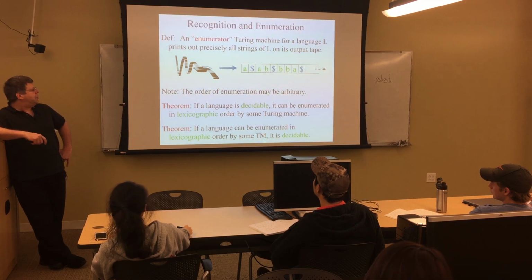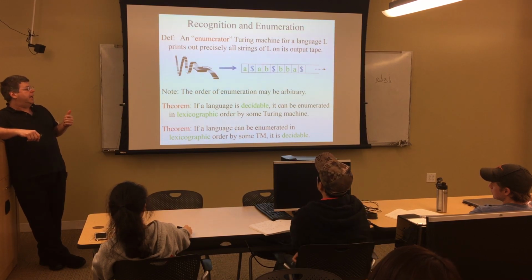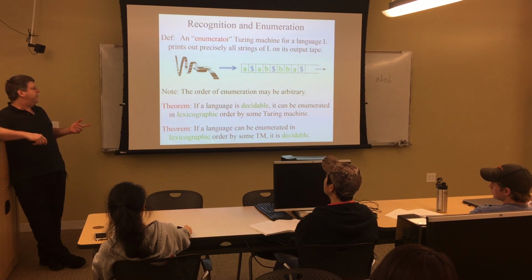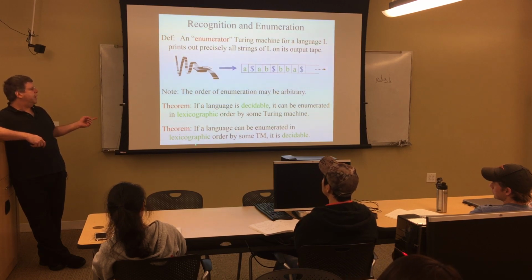What halts? I'm trying to build a decider, something that says yes or no on a given string. I don't know how to do this, but I have an enumerator as a subroutine. So how do I build a decider from an enumerator? Before, I did it the other way around: I had a decider and I built an enumerator from it. Now I have to do the opposite.